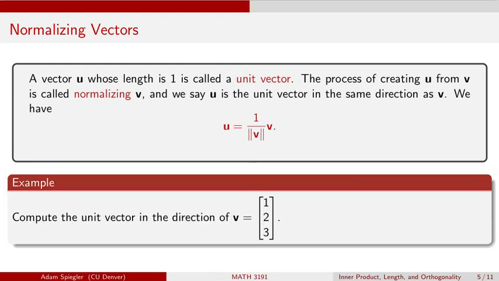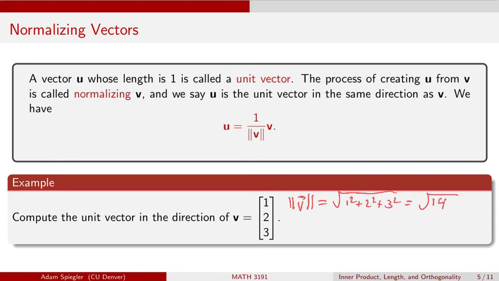So let's take a look at an example down below. Recall earlier we considered vector v in R3, the column vector whose entries are 1, 2, and 3. We found that the magnitude of this vector v was equal to the square root of 1 squared plus 2 squared plus 3 squared, which gave us the square root of 14.